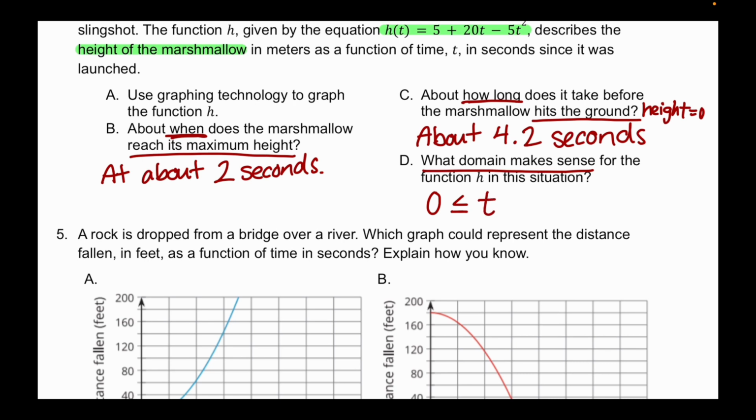So we have our time. And then I'm going to be specific and say 4.236 in terms of seconds. That domain makes sense in this situation because of the context. And that's question 4.